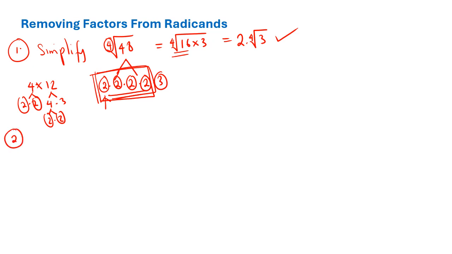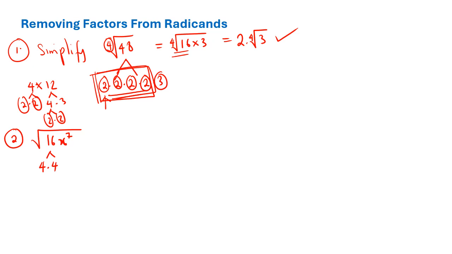So let's take another example. Let's look at this algebraic radicand, 16 x to the 7. We're looking to find the square root by removing factors from the radicand, which is 16 times x to the 7th. Again, I know that 16 is 4 times 4, because I'm looking for square roots.